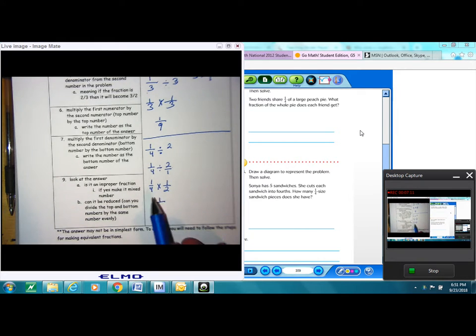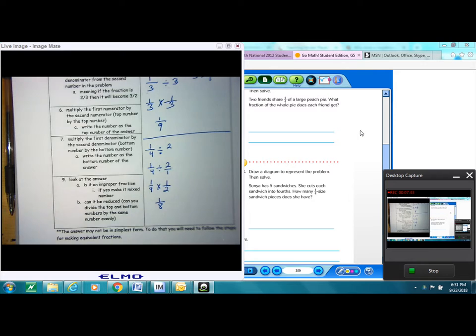And then bottom times bottom, or 4 times 2. 4 times 2 equals 8. Then check to see if it's an improper fraction. It is not. And it does not need to be reduced.